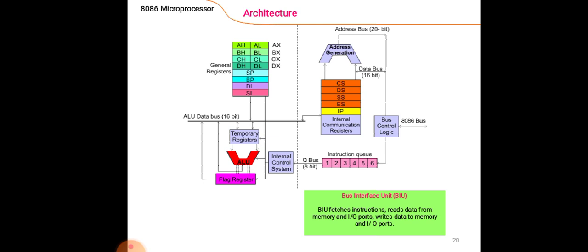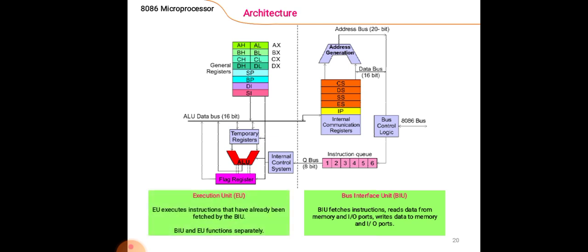That means it consists of 20-bit address bus, then address generation, then 16-bit data bus, then 4 segment registers, instruction pointer, bus control logic and instruction queue. So bus interface unit is used to fetch the instruction, read data from memory and input output ports, and write the data to memory and input output ports.